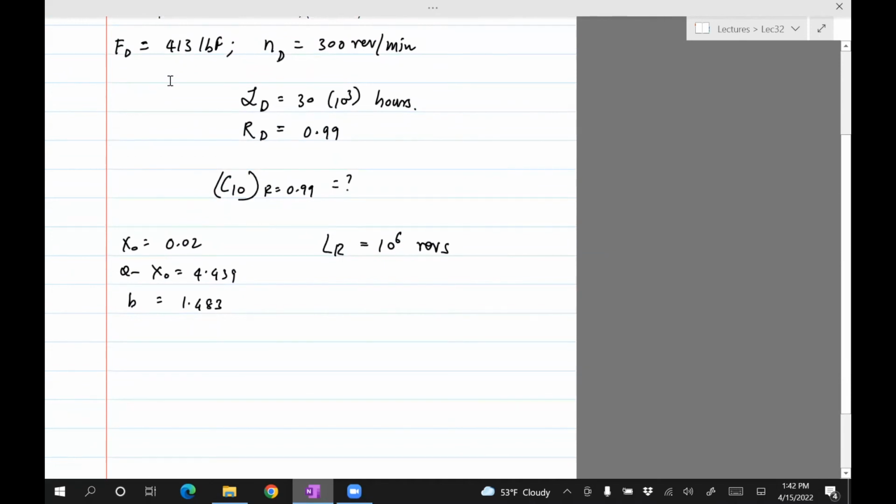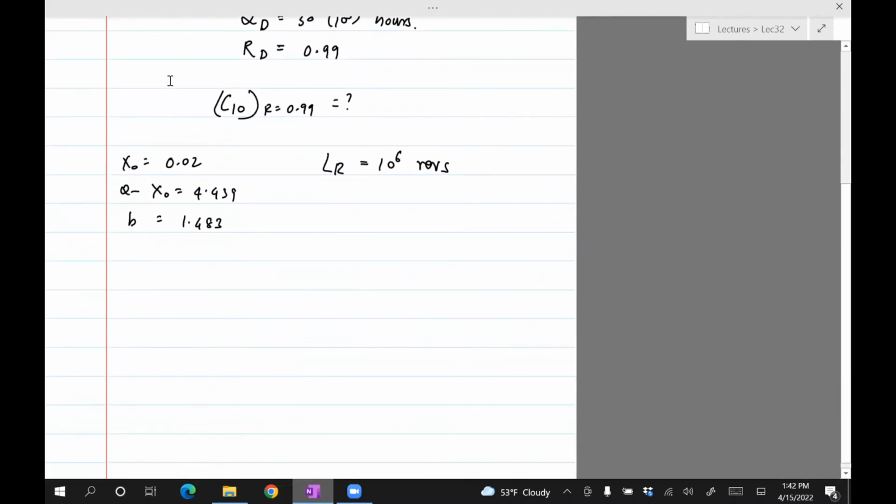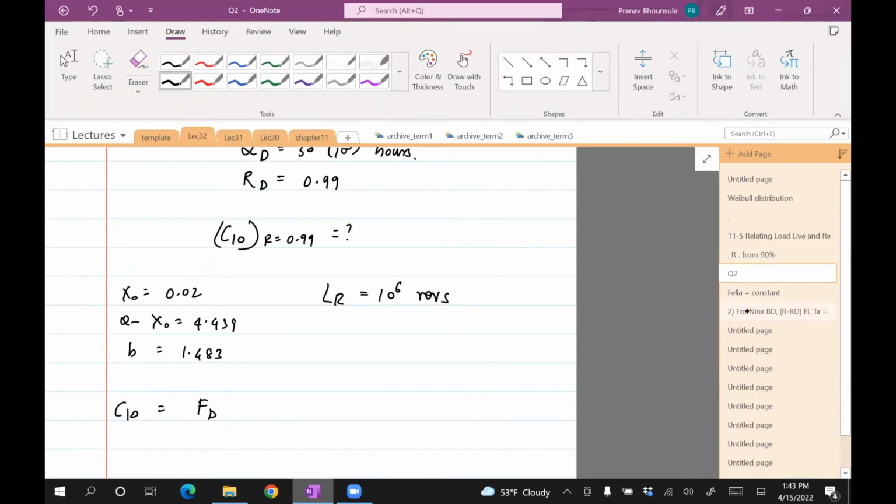First, let's just work it out backwards. Let's write down the formula for C10. So C10 at a different reliability is the formula which I'm going to copy from right here.